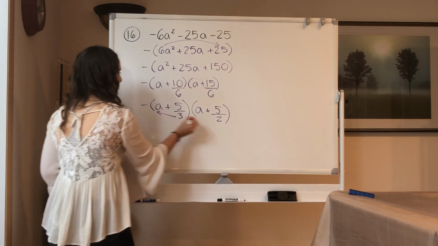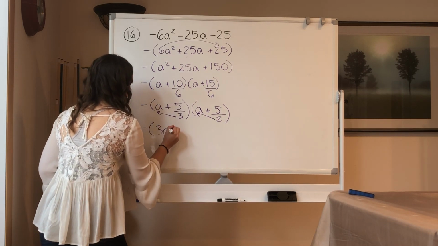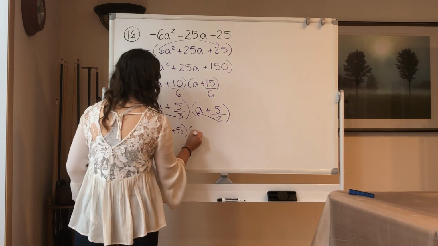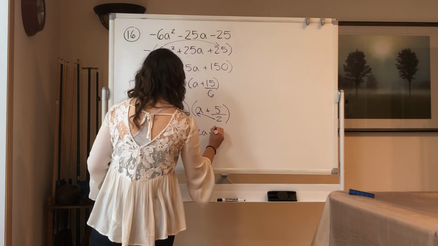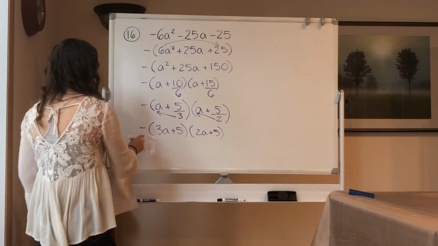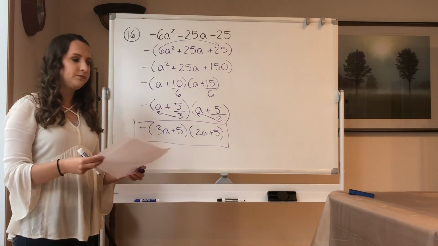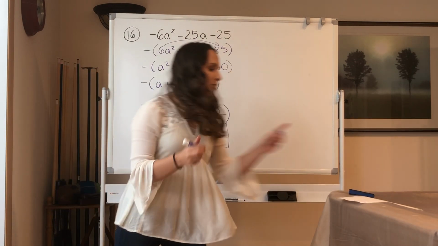Now bottoms up, 3a plus 5 and 2a plus 5. Just remember that you still have to have that negative in the front. That doesn't go anywhere. All right, that's it. You're going to complete the worksheets, and that'll be it for today.